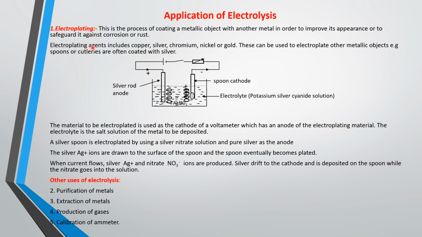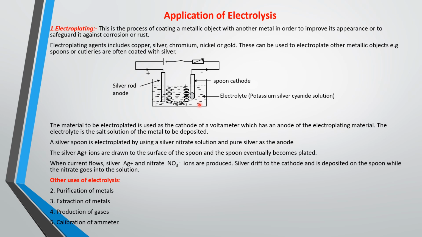Electroplating agents include copper, silver, chromium, nickel and gold. That is why you can see some metals that are chromium plated, some nickel plated, some gold plated, silver plated, or copper plated. These can be used to electroplate other metallic objects, like spoons or cutlery, which are often coated with silver, as we have discussed before.